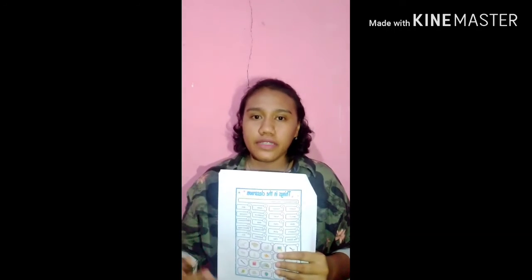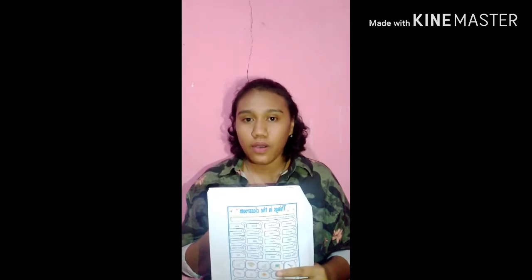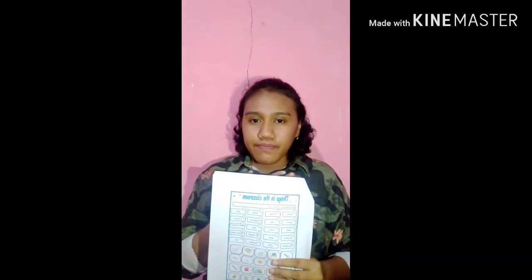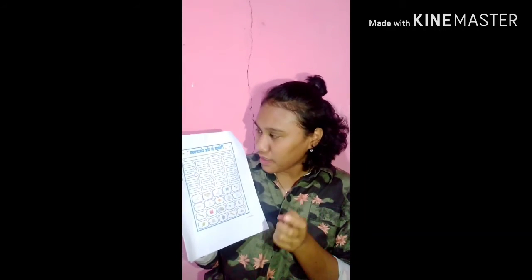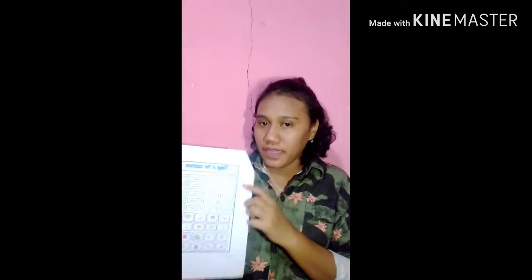And the last task, task 3, is about things in the classroom. I made this task to know how far they understand the material, or how much vocabulary they get. The instruction is to match the words to the pictures.